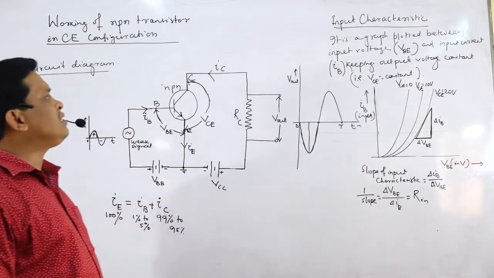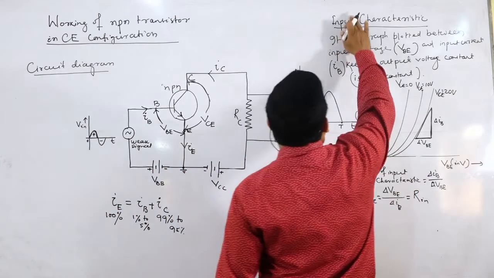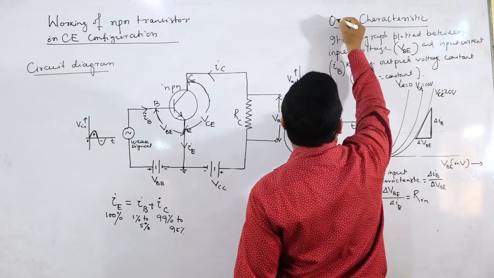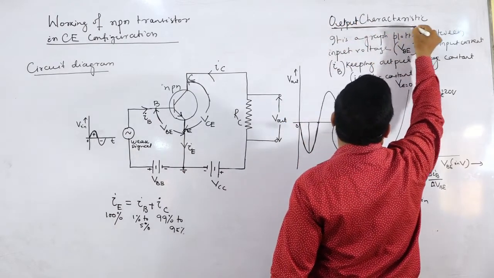Now we shall discuss the output characteristic. What changes do we have to write here?